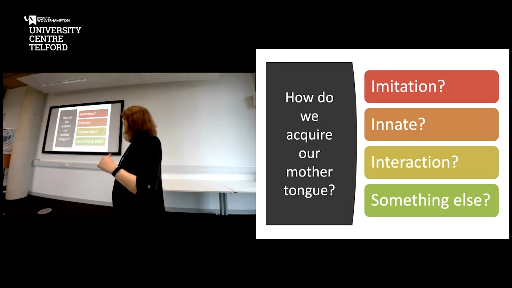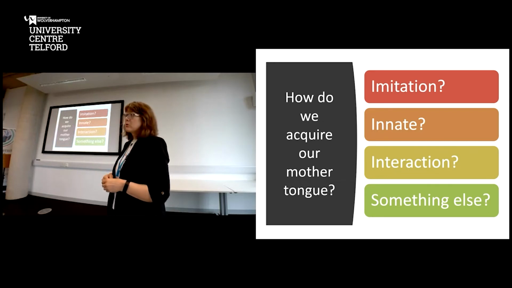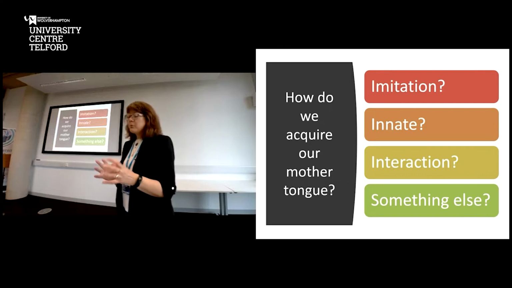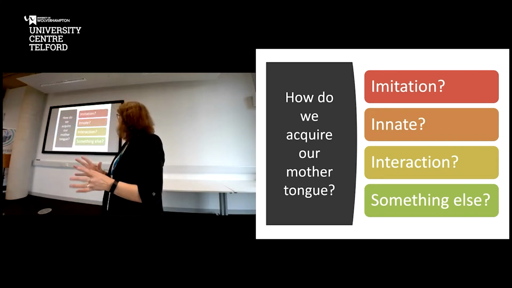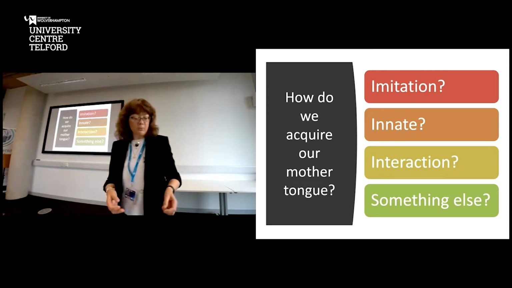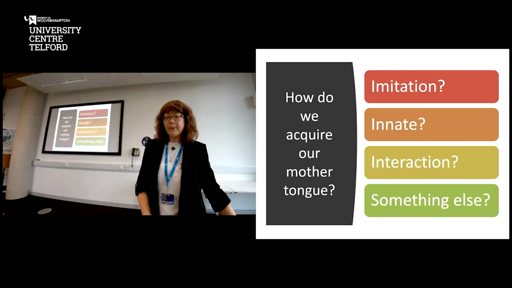As a sort of subsidiary to that, people have become very interested in interaction. What is the role of interacting with other people, with your environment when you're acquiring language? And then finally, people have come up with more about using language, theories about using language in the last 20 years or so.